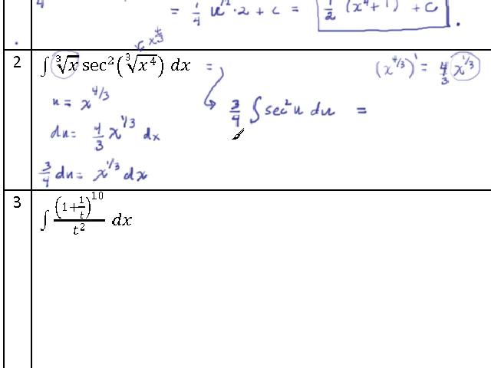Now remember that secant squared is the derivative of tangent. So this integral is equal to tangent u. So we have 3/4 tangent u, and now let's switch back to x, and that would be 3/4 tangent of cube root x to the 4th.